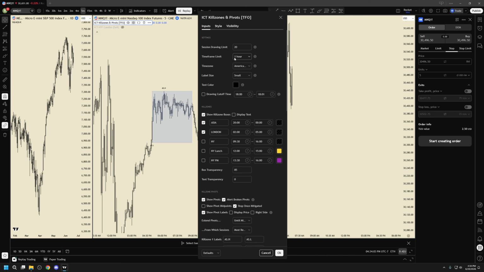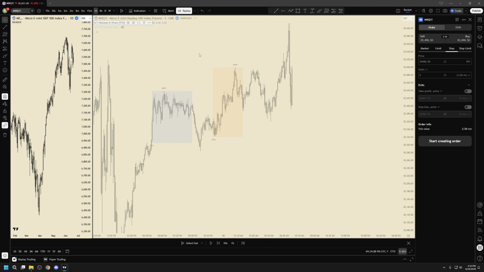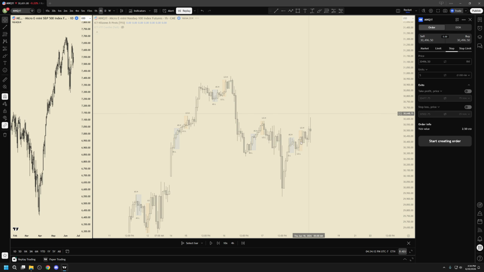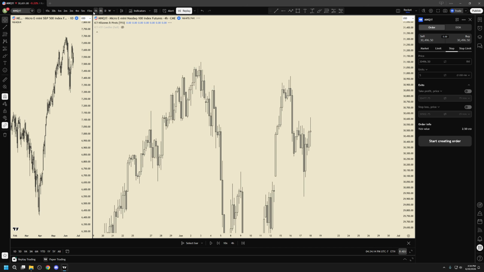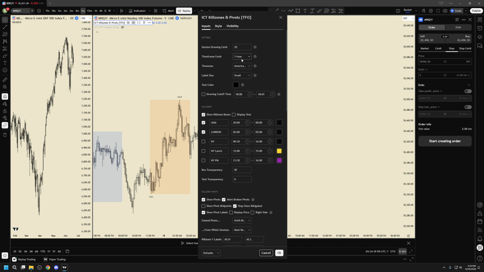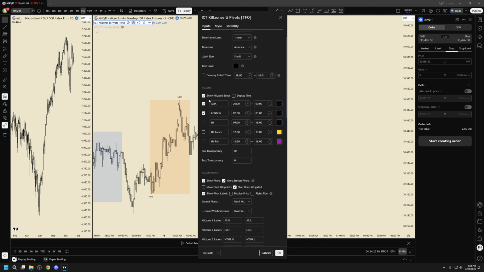The reason why I put an hour though is because, look at the hourly chart, this is already tiny to begin with. If I put it on the 4 hour, it's just gonna be one candle. So there's no point. So I just leave it as the 1 hour as the max. Time zone, America, New York, label size small, and then Asia.